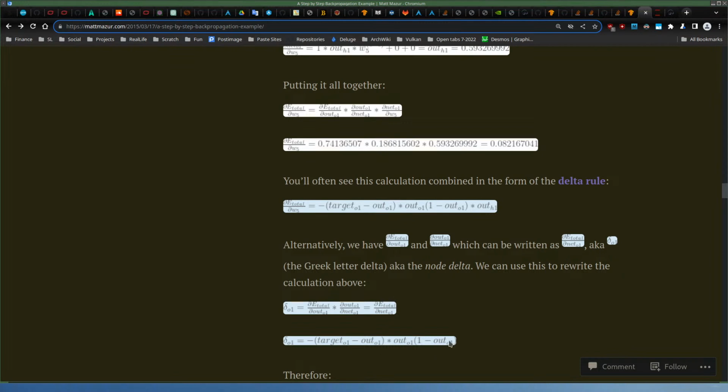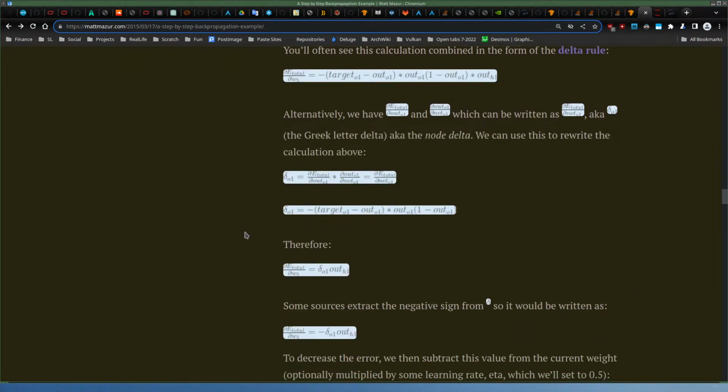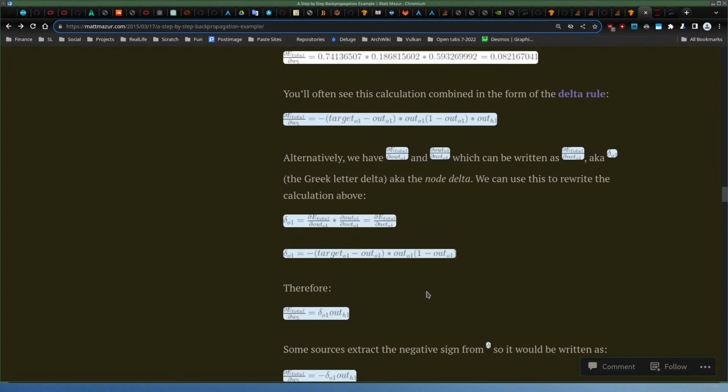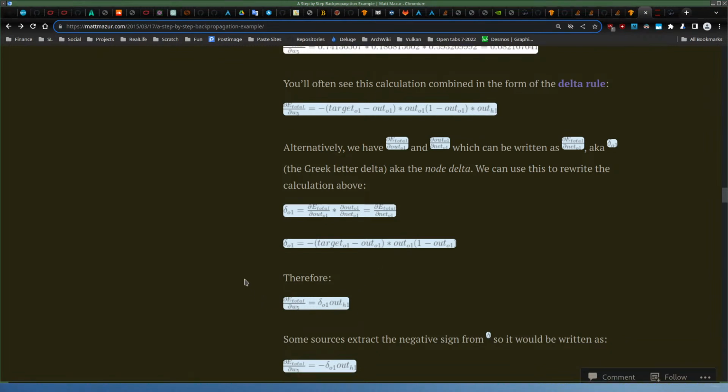So everything except the multiplication with the input. That is multiplied with the current weight that we're doing here. So if you call that delta O1, then you only have to multiply with out H1 and then you get the whole thing.